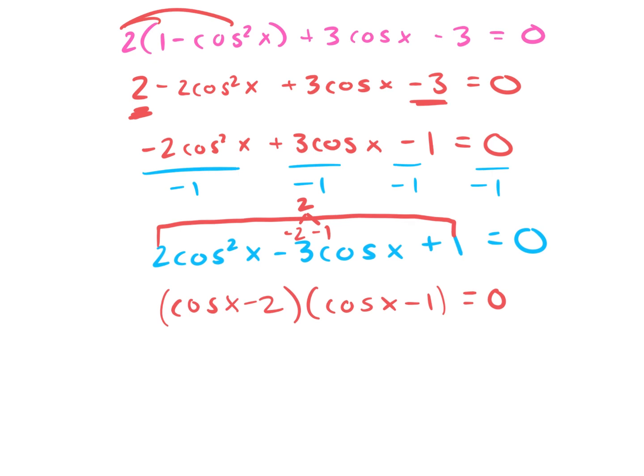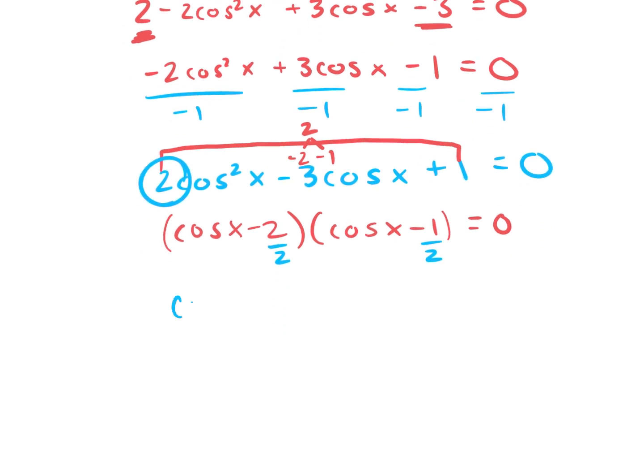What do I have to do next? Divide both of them by 2. Do not forget to divide. So I get cosine minus 1 and 2 cosine minus 1.